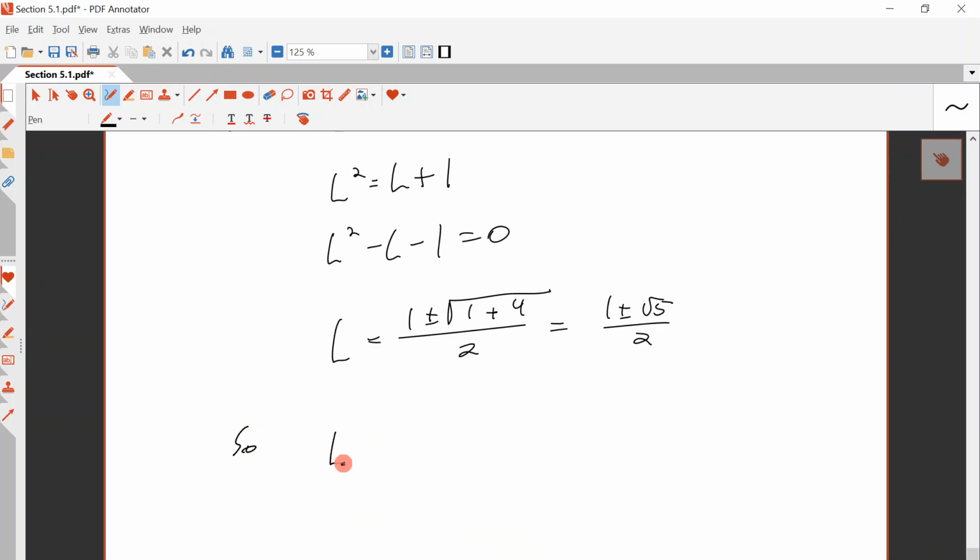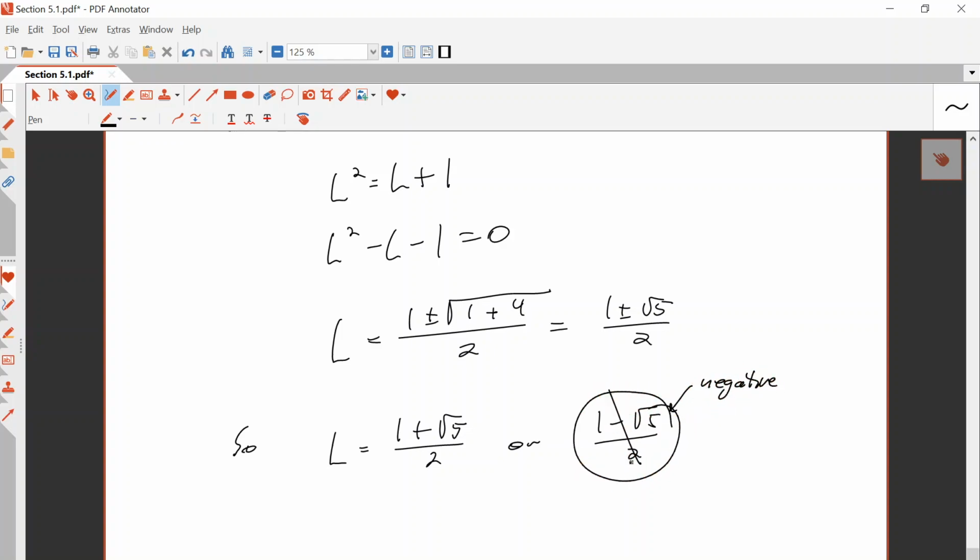Right, so L equals 1 plus root 5 over 2, or 1 minus root 5 over 2. However, this is negative. That's a negative number, and that sequence of Fibonacci numbers is positive, so it must be the positive limit.